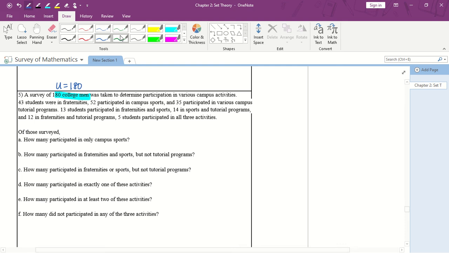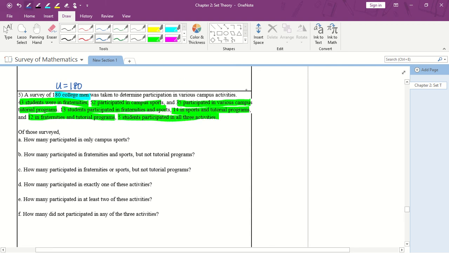And here it says 43 students were in fraternities, 52 participated in campus sports, and 35 participated in various campus tutorial programs. 13 students participated in fraternity sports, 14 in sports and tutorial programs, 12 in fraternities and tutorial programs, 5 students participated in all 3 activities.